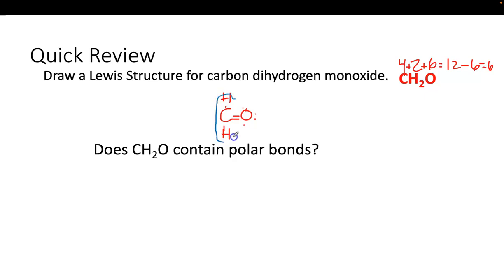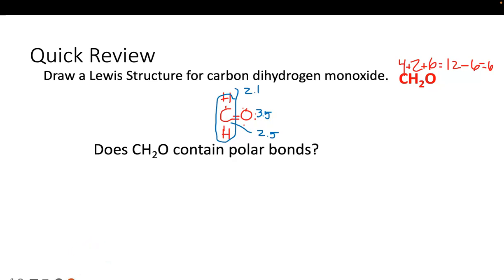We're looking at hydrogen with an electronegativity of 2.1, carbon with an electronegativity of 2.5. So that is a difference less than 0.5. But then oxygen and carbon, oxygen comes in with an electronegativity of 3.5. So that is a significant difference.